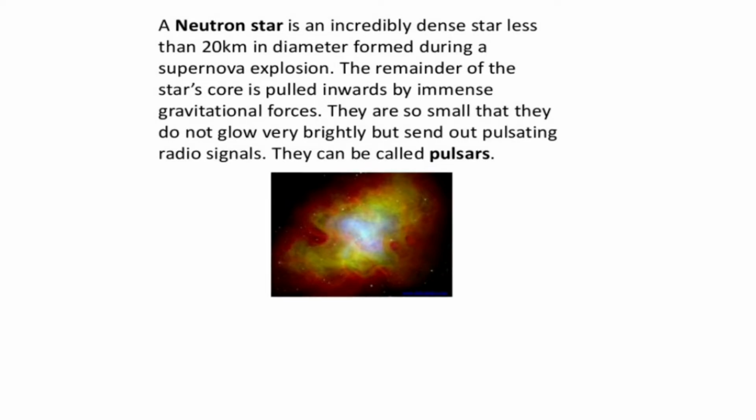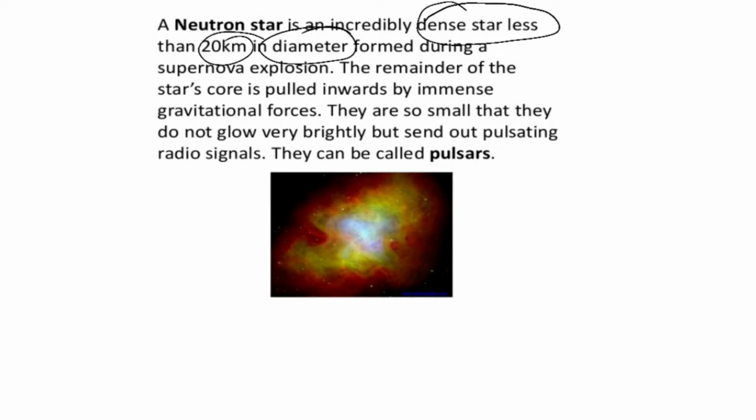Then, a neutron star. A neutron star is an incredibly dense star less than 20 km in diameter, formed during a supernova explosion. The remainder of the star's core is pulled inward by the immense gravitational force.